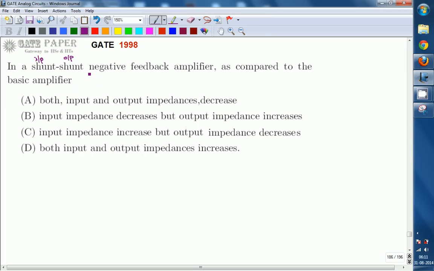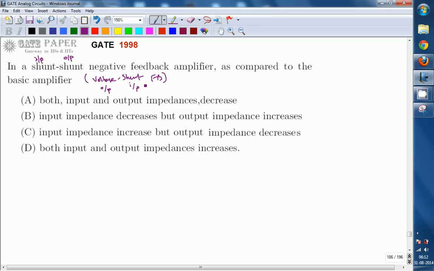This is also called voltage shunt feedback. In voltage shunt feedback, the first word is related to the output and the second one is related to the input side. There are two ways of specifying the negative feedback: either it may be treated as voltage shunt, or it may be just shunt.